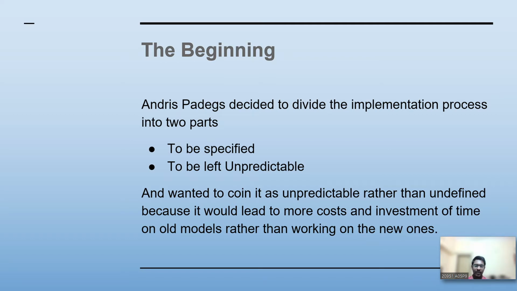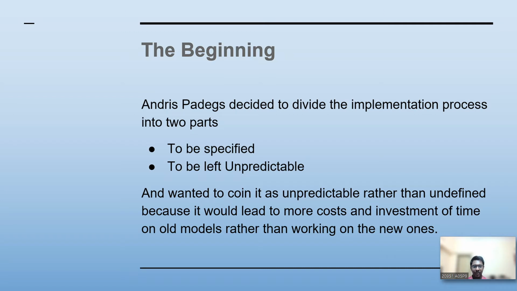They decided to divide it into to be specified and to be left unpredictable. To be specified means it can do additions, multiplications, arithmetic operations, and so on. But to be left unpredictable, they know that it works, but they are not so sure about it.